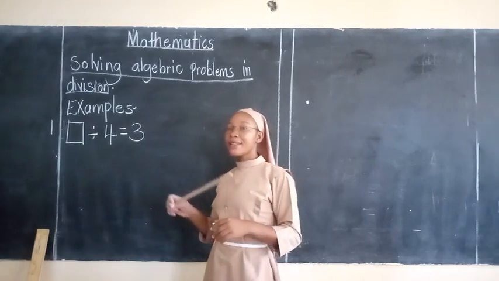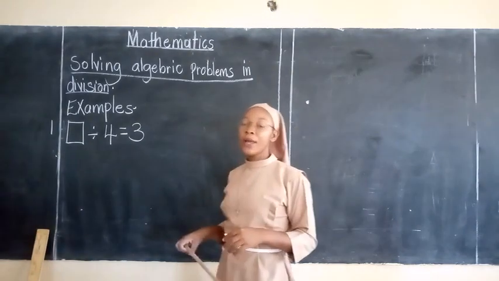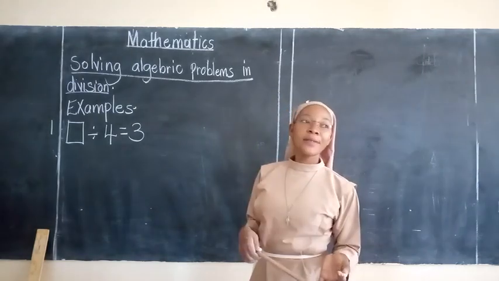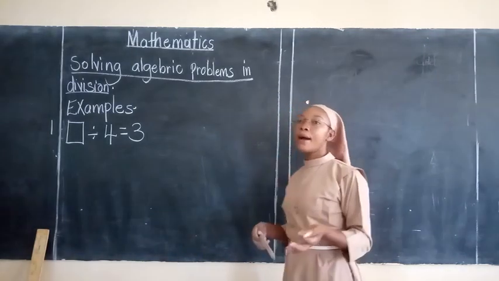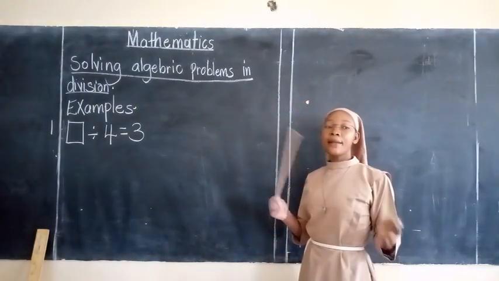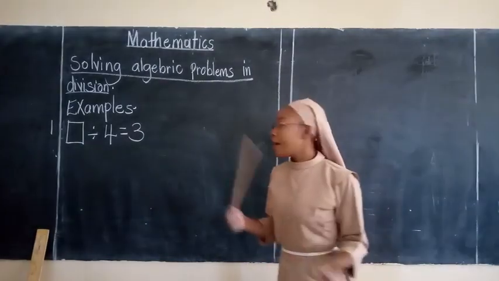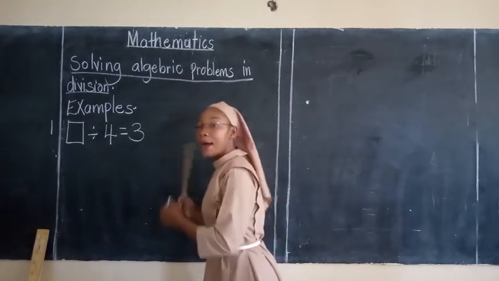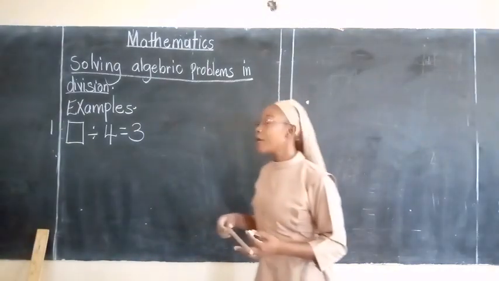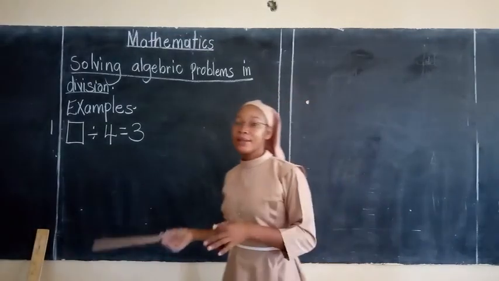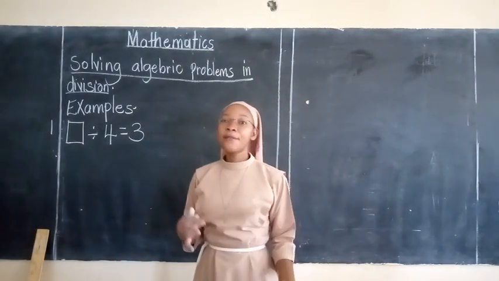Remember in our previous lesson, we were dealing with multiplication. And what did we do in order for us to get the missing number? We were dividing the big number by the smaller number. What happens when it comes to division? When it comes to division, things are a bit different.